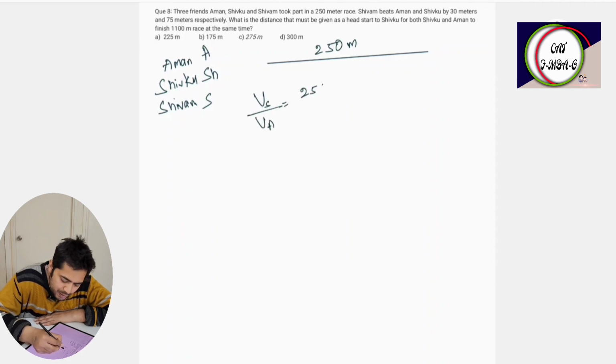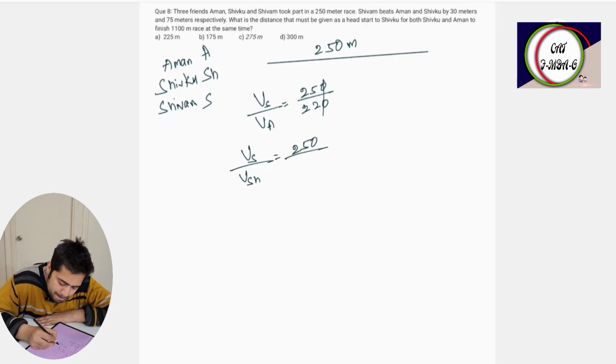So 250 by 220. And Shivam beats Shivku by 75 meters. So 250 by 175, which is 10 by 7.